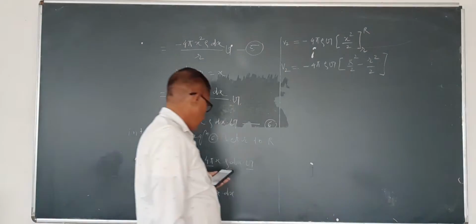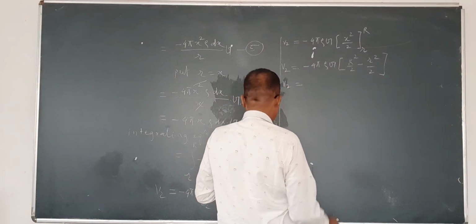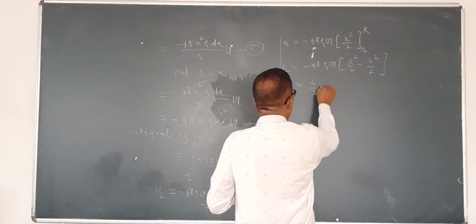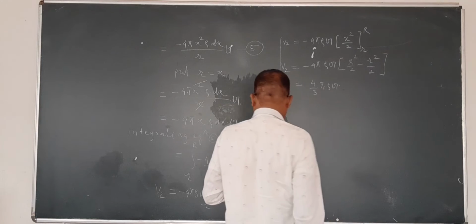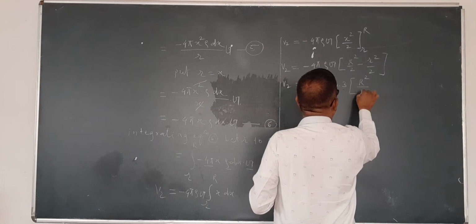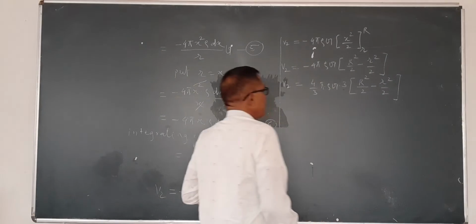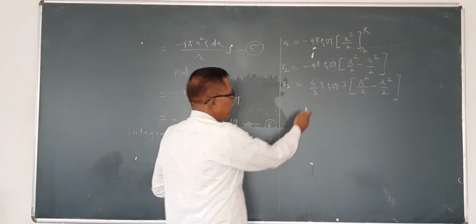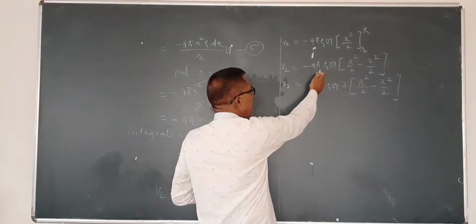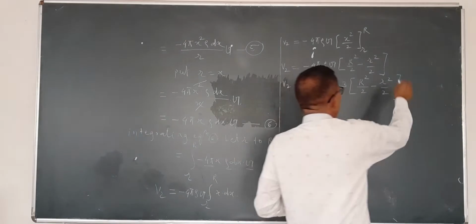Then this V2 can be written as V2 equals minus 4 by 3 pi rho g into 3 into R square by 2 minus r square by 2. Here one adjustment is made, and that adjustment is this 3. We have multiplied and divided this equation by 3.